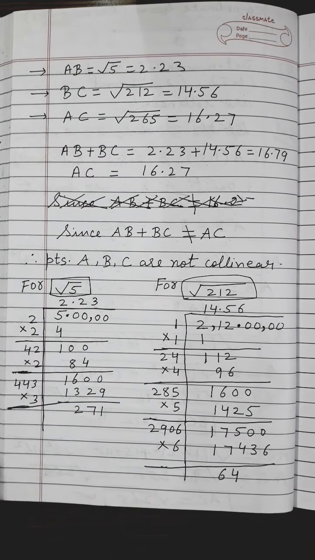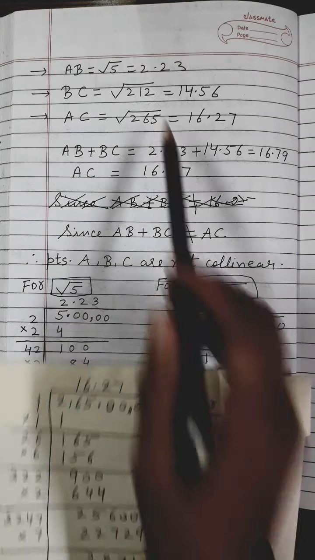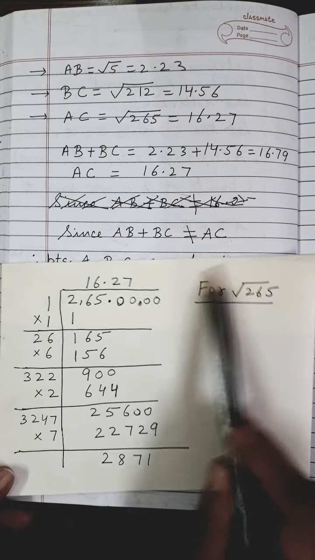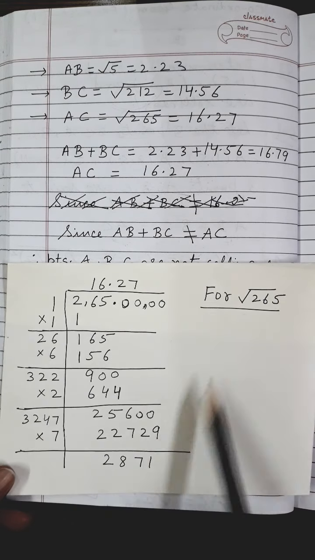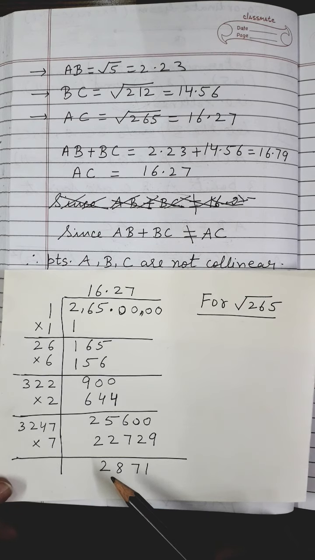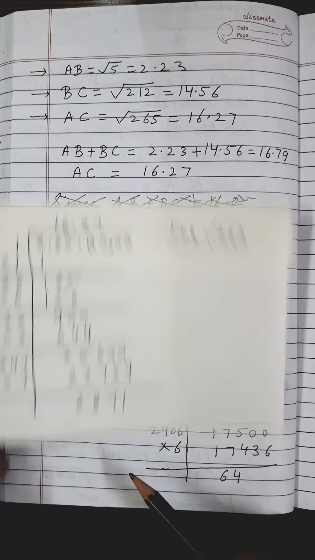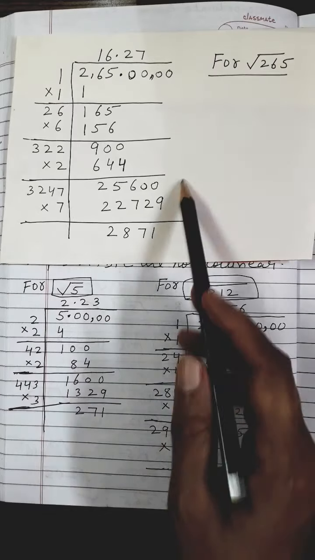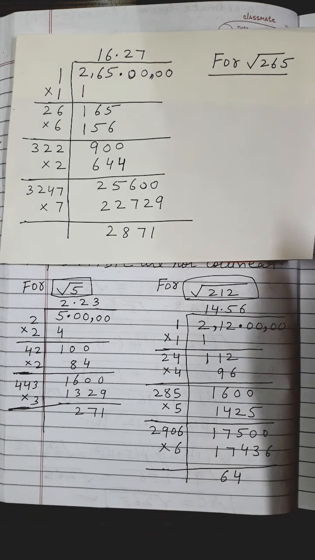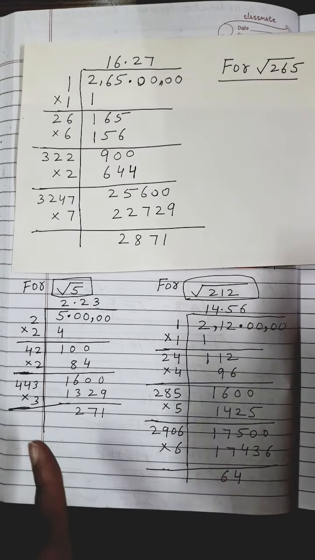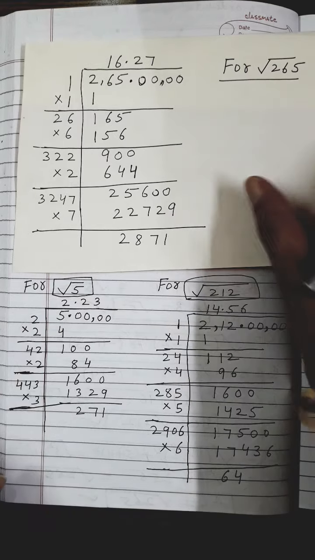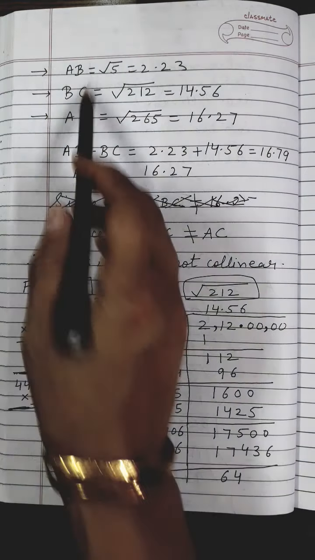And similarly, for finding the square root of 265, this is the complete working I have shown. You can go through this working yourself, you'll be able to understand it. Still, if anybody has any problem understanding how to find the square root of these numbers, please mention it in the comment box, and I will explain it to you, right? Because you have already done it in your 8th standard, I'm not explaining it, but still for your convenience I have shown you the working, right? So come back to these values.